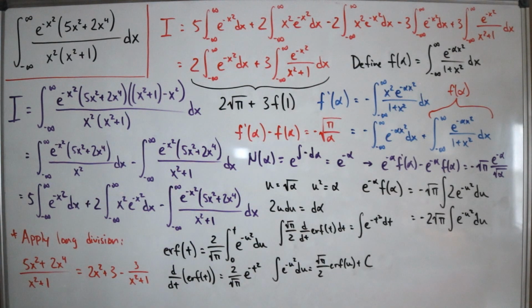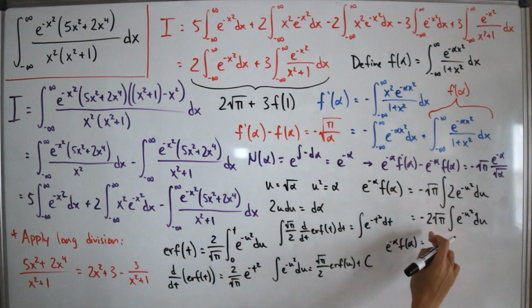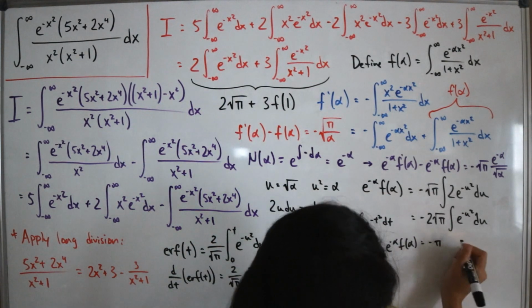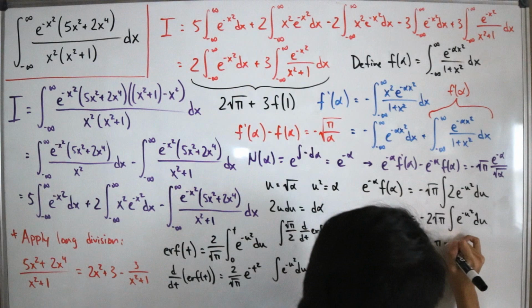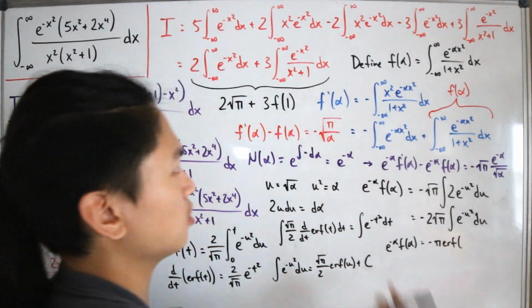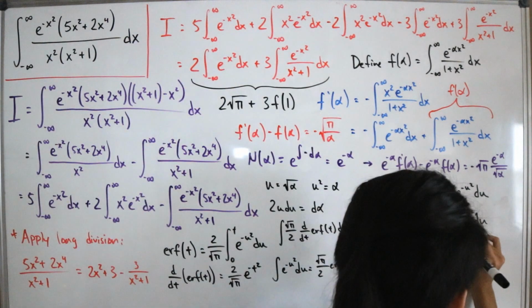If I substitute everything back in, so far I have that e to the negative alpha times f of alpha is going to equal, multiplying the negative 2 times the square root of pi over here, negative pi, then multiplied with the error function of u. But in this case, we said u equals the square root of alpha, so I'll just replace that back in.